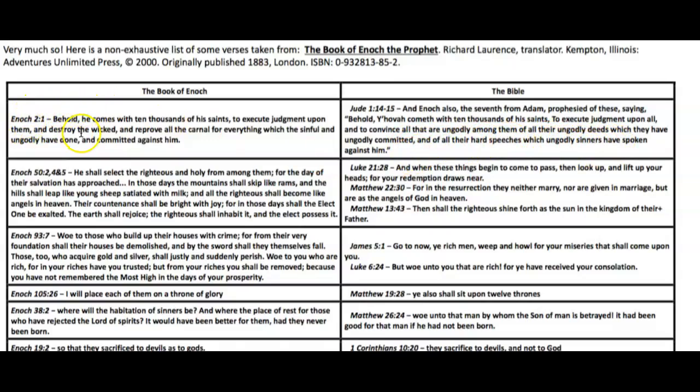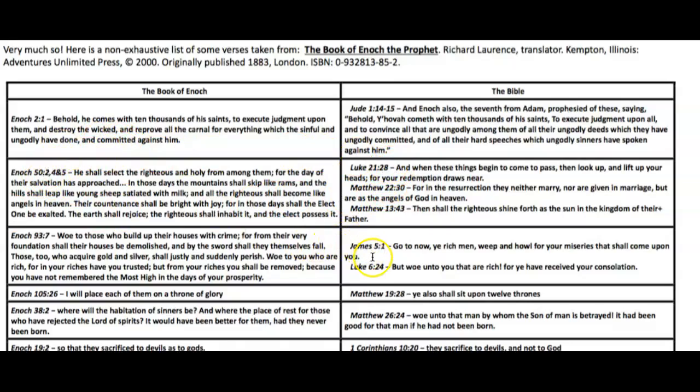This comes directly from the book of Enoch, which is quoted where it says, "Behold, he comes with 10,000s of his Kadash ones to execute judgment upon them, and destroy the wicked, and reprove all the carnal for everything which the wicked have done and committed against him." And it also quotes from Luke, and you can see here it quotes in the book of Enoch.